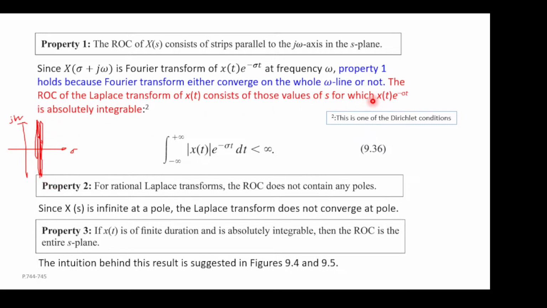We say it converges if, on this sigma, this function is absolutely integrable.